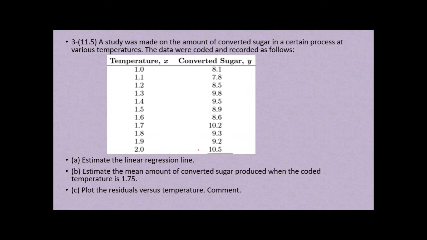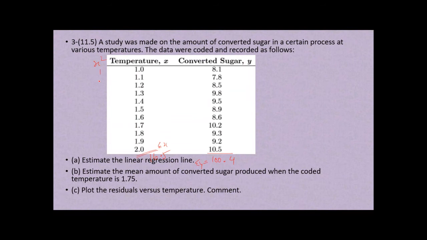So we will find the summation y here. The summation y for this problem is 100.4, and summation x, this is summation y. Summation x here, sum of all the x values, 16.5. Now find here x square.